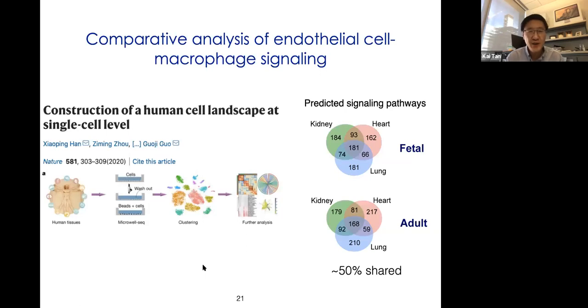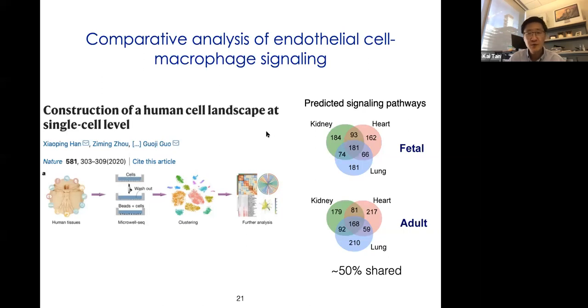Then we apply CytoTalk to perform a pan-tissue analysis for signal transduction pathways. We are particularly interested in this phenomenon of signal transduction pathway rewiring. Basically, the connectivity of the pathway genes is different between different conditions.